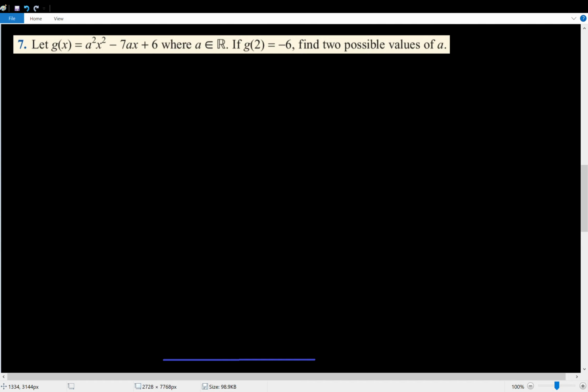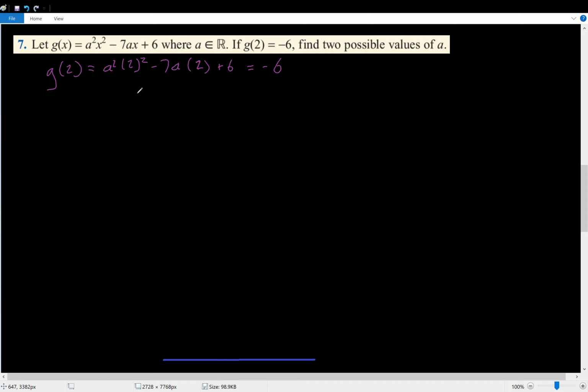So we'll start off by actually putting 2 through the function we have. So our g(2) is going to be equal to a² times 2² − 7a times 2 + 6. And we know that should equal −6.